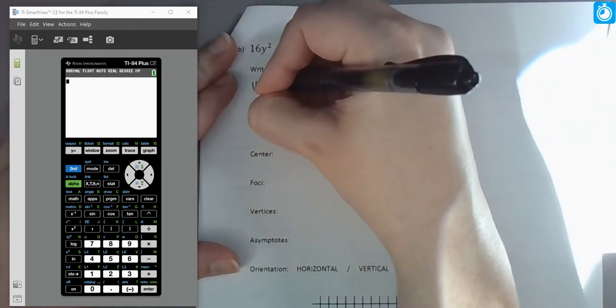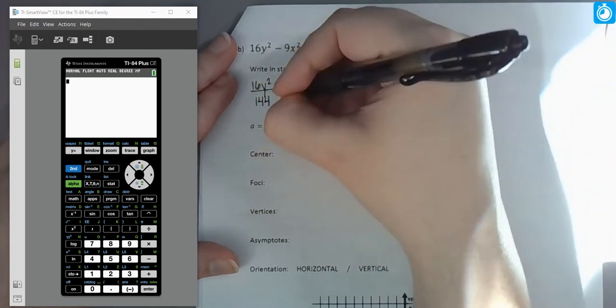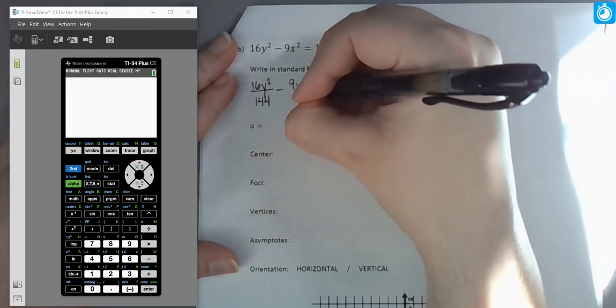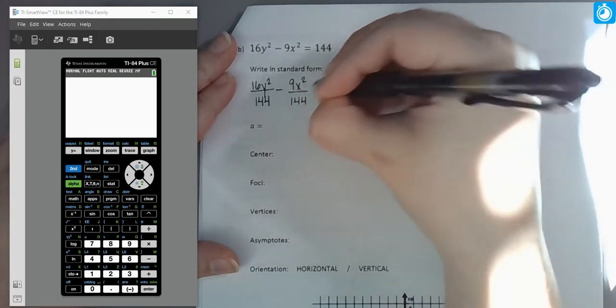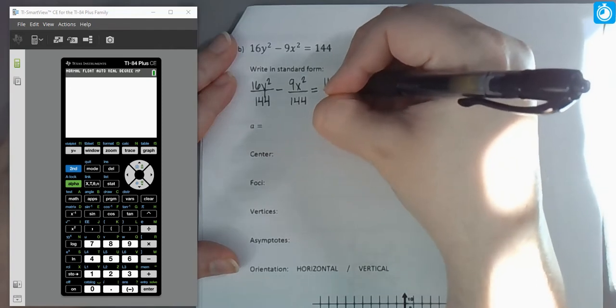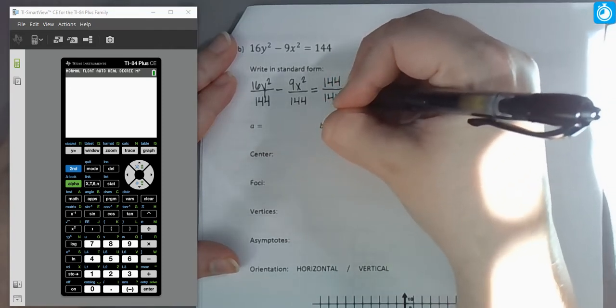So we have 16y squared, we're going to divide that by 144, minus 9x squared, we're going to divide that by 144. And that's going to be equal to 144 divided by 144.